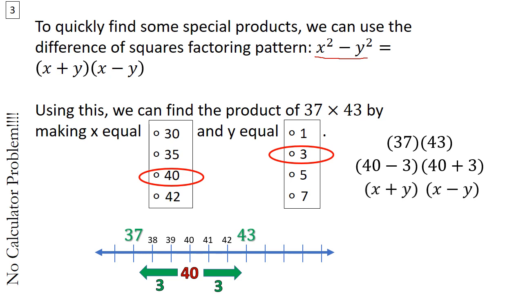In other words, this is going to be 40 squared minus 3 squared. 40 squared is 1600, minus 3 squared is 9. You can tell I'm using a mouse to write, and this is really ugly, but 1600 minus 9, I can do that in my head. That's going to be 1591.